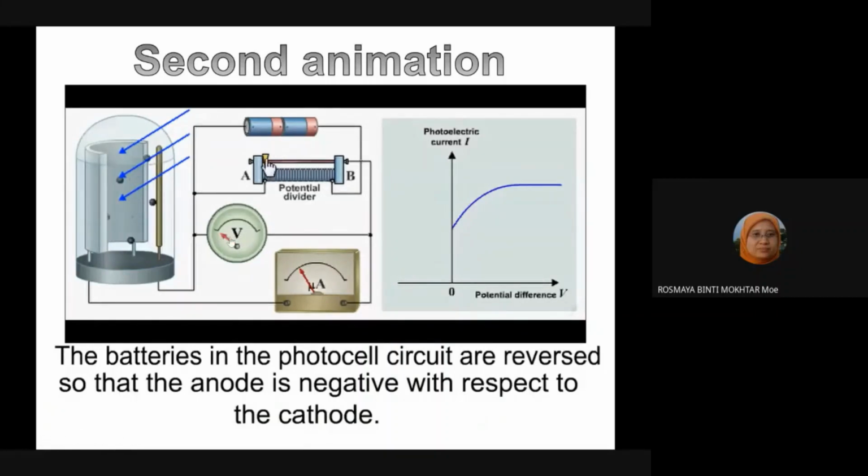The voltage increases, the current decreases. Refer to the graph here: the photoelectric current decreases until the current stops at a certain value of voltage. If you continue increasing the potential difference, it is still zero, no more current.